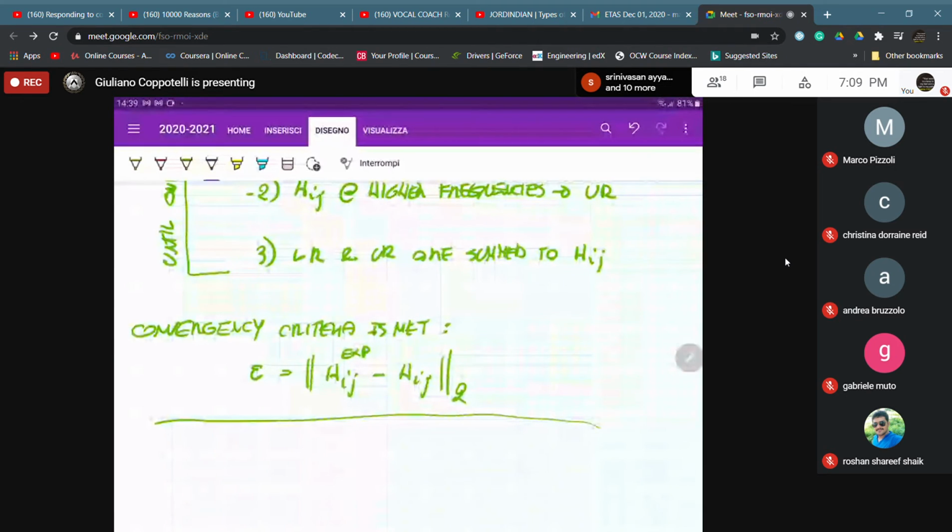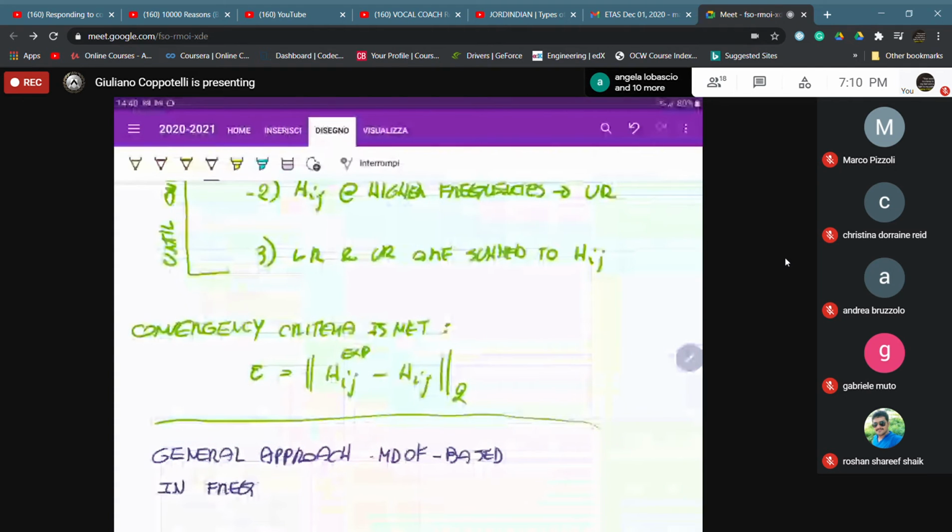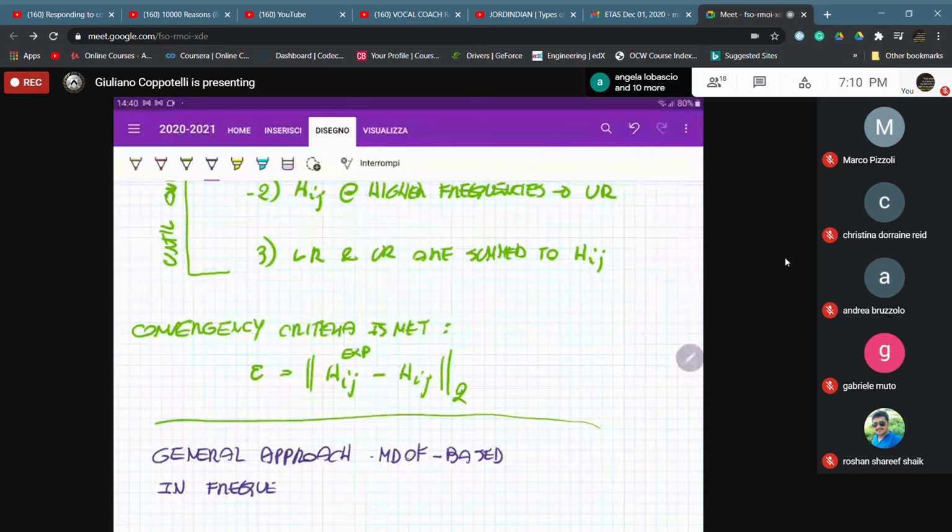General approach, that is based on a multi-degree of freedom approach and is operating in the frequency domain.